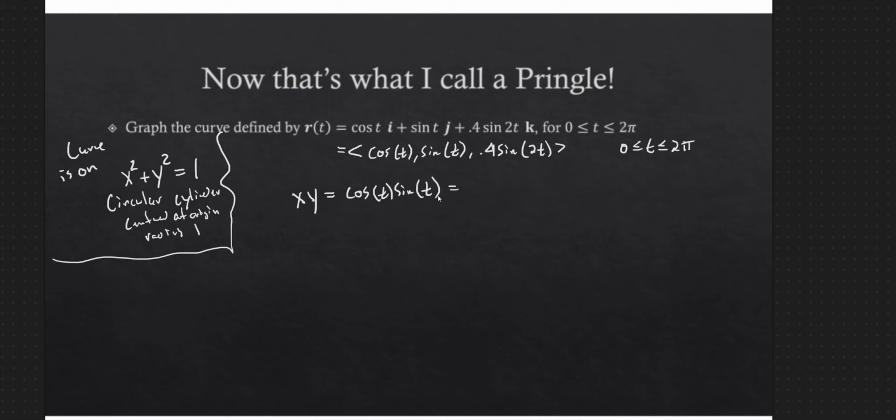Remember, cosine t times sine t is 1/2 sine of 2t. That's just another trigonometric identity. And sine 2t is here in the z component. Specifically, z is 0.4 sine 2t. So z over 0.4 is sine of 2t. And I see that here.